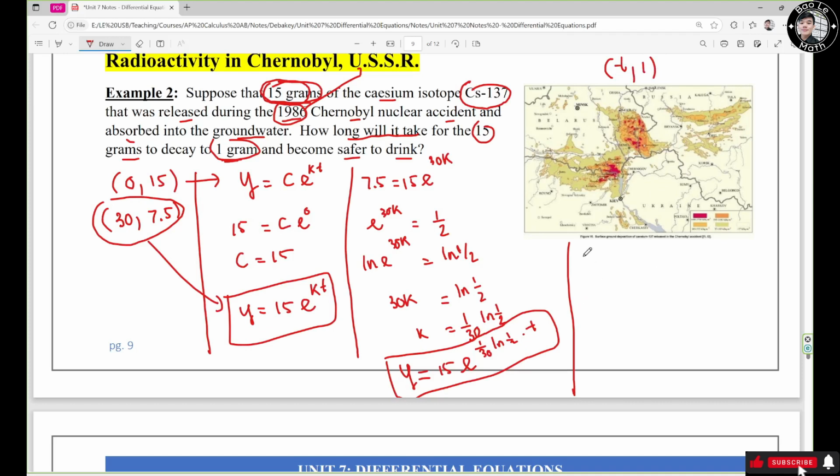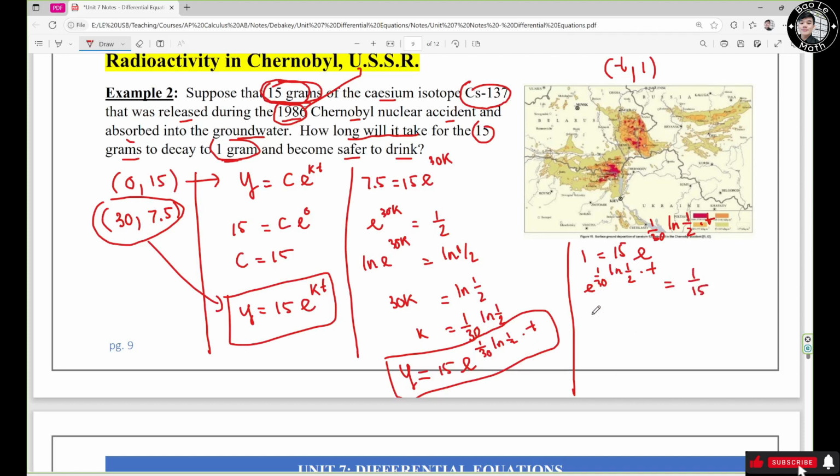So I have 1 equals 15 times e raised to the 1 over 30 natural log of 1/2 times t. I need to divide both sides by 15, so I have e raised to the 1 over 30 natural log of 1/2 times t equals 1 over 15.